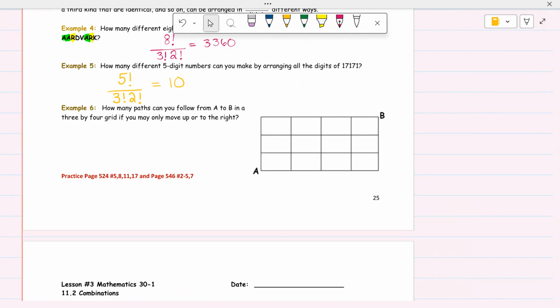I'm going to show you 2 ways to do this. The first way is using what we just learned. It says, how many paths can you follow from A to B in a 3x4 grid if you can only move up or to the right? That's important. You can't go any direction, otherwise there's infinitely many solutions. So we can only move up and to the right.